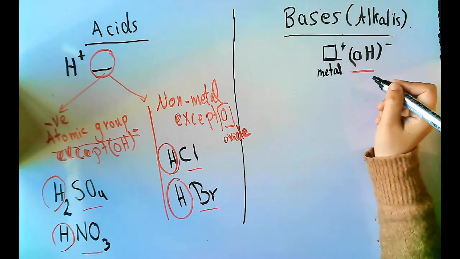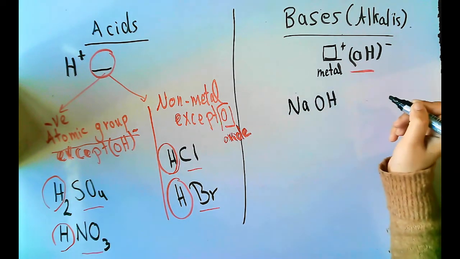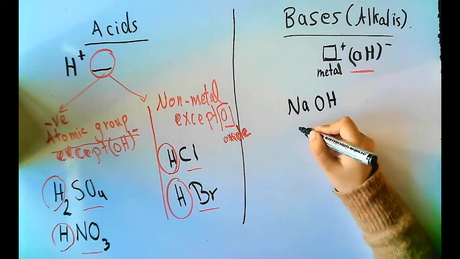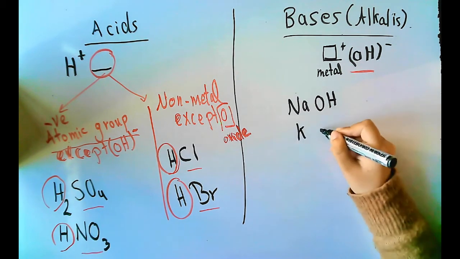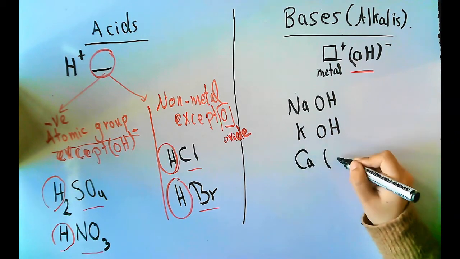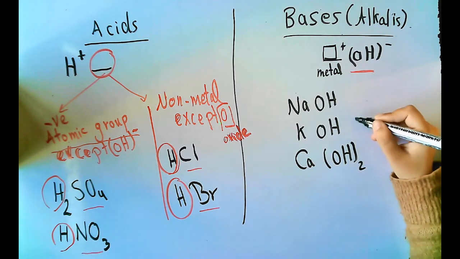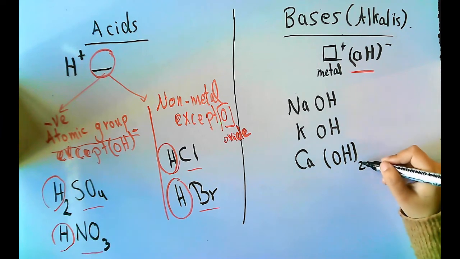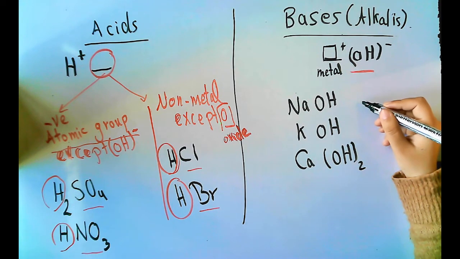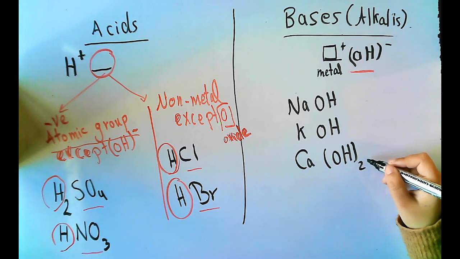For example sodium hydroxide, also potassium hydroxide, and calcium hydroxide. Sodium hydroxide has another name which is caustic soda. Calcium hydroxide has another name which is lime water.